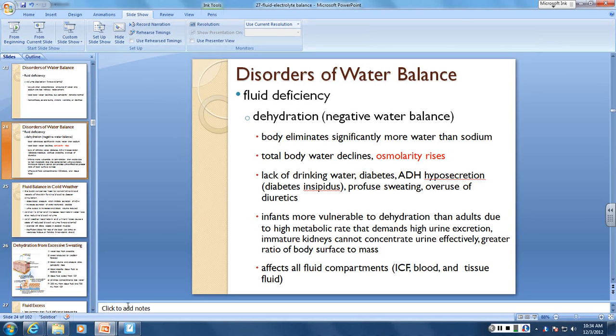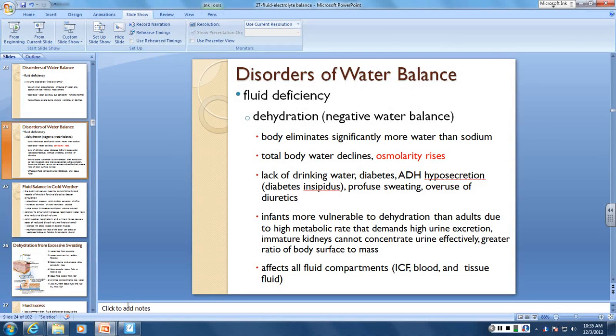Does that make blood more concentrated? Y'all see the point there? So if you're just pulling water out of blood, all the solutes stay there. So it becomes more concentrated. So that means osmolarity is increasing if you're just pulling water out.